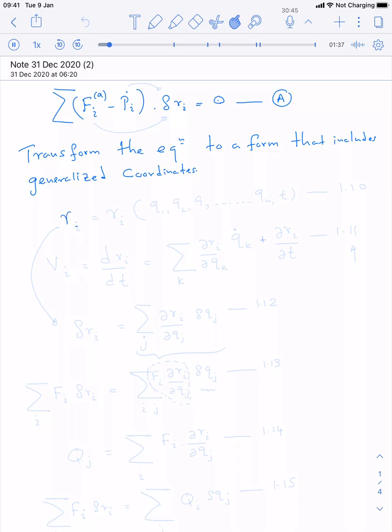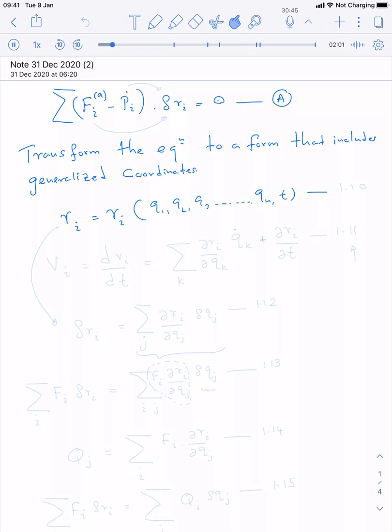So the transformation equation will look like Ri equals Ri of Q1, Q2, Q3 up to Qn and t. And Q's are actually what we called generalized coordinates.